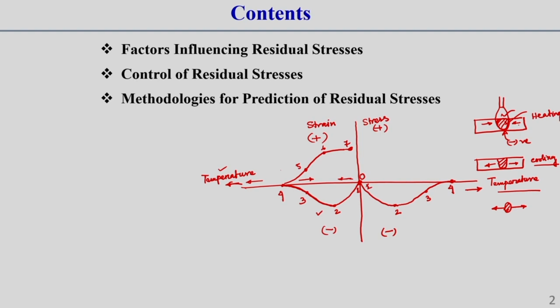So during cooling, tensile strain develops in this weld zone, and due to this tensile strain distribution, the stress also gradually rises and goes to its maximum value.